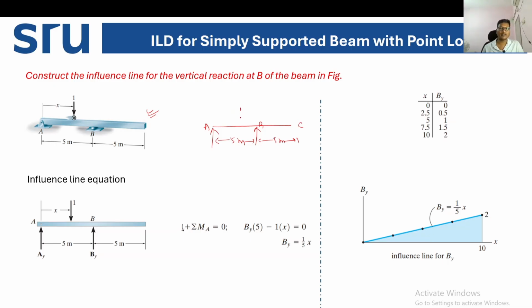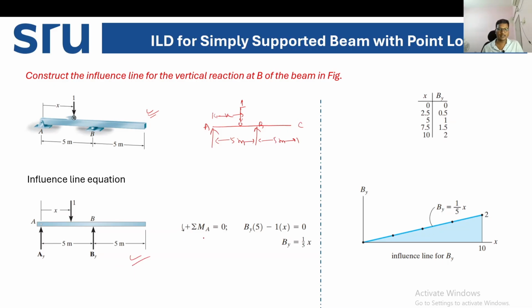So if a point load or unit load is at a distance x from the left support, how to draw the influence line diagram?